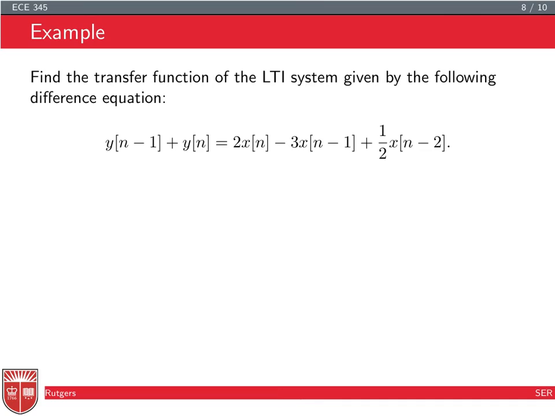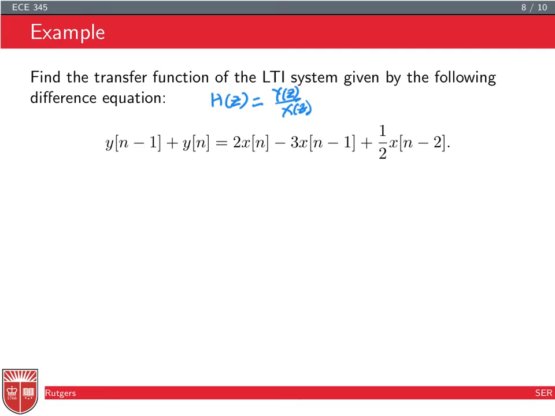Let us work out an example. So the question here is, consider the following linear time invariant system with the following difference equation. And the question is to find its transfer function. So the transfer function, meaning what's asked, is to find h of z, which is y of z divided by x of z.